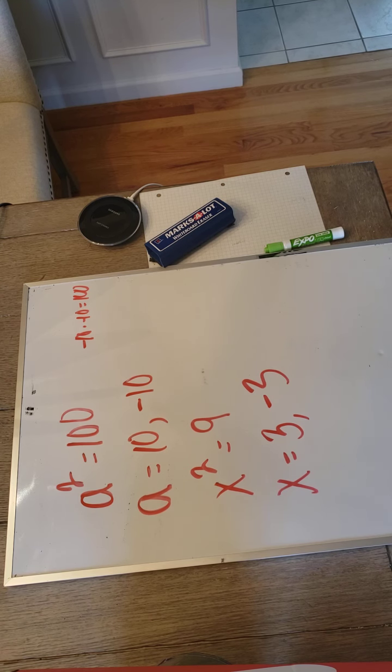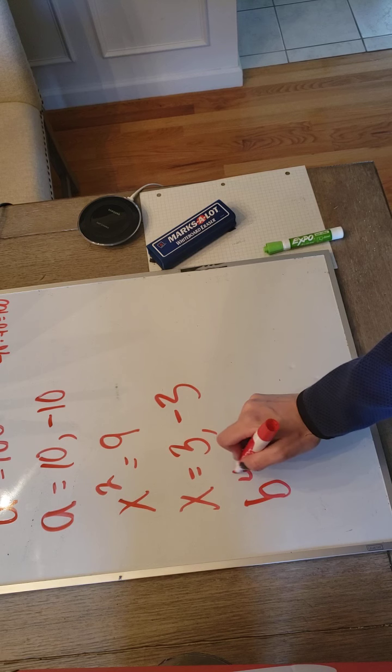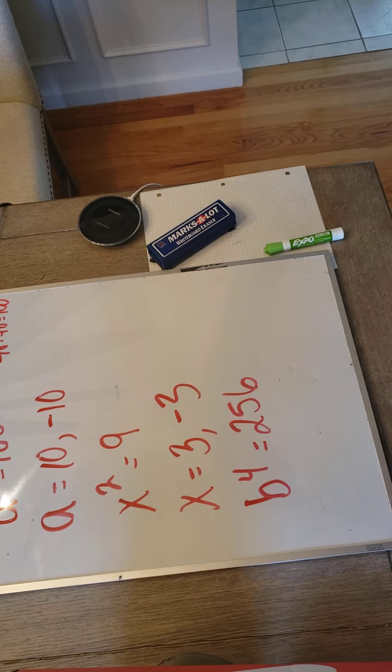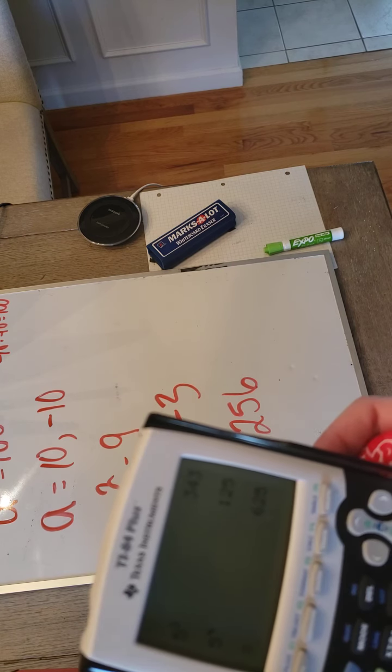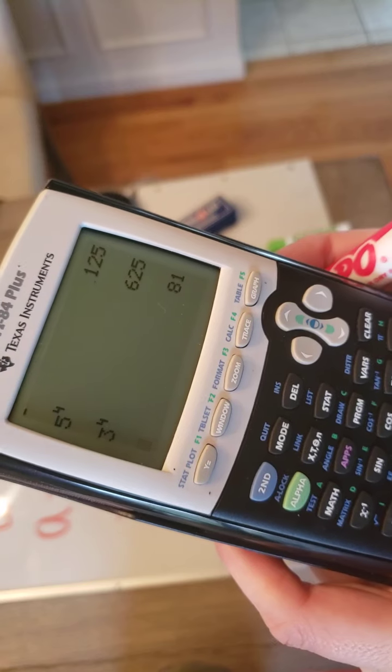And say you had b to the 4th, ooh, can you see this? Equals 256. Well, I might not have any idea what b is, but I could just try random numbers. If I have 3 to the 4th, does that give me 256?